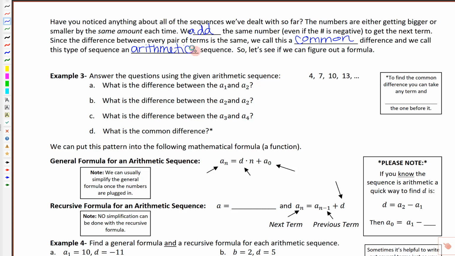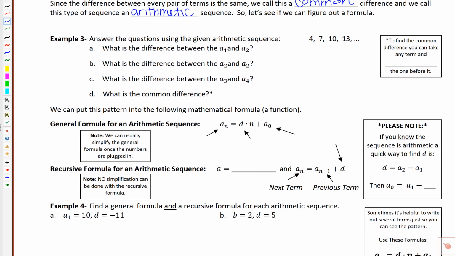Okay, so now we're going to look at the formula that we are going to use for these. So let's take a look at this sequence. So we have 4, 7, 10, and 13. So first we're going to look at the difference between A1 and A2. Most of us can probably look at that and say, okay, to get from 4 to 7, they were adding 3, so our common difference is 3.